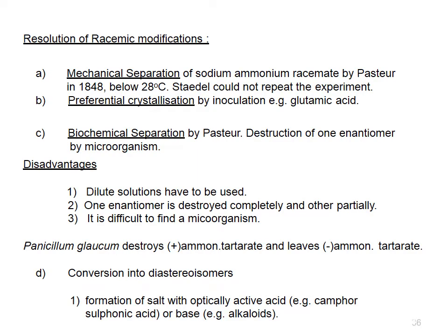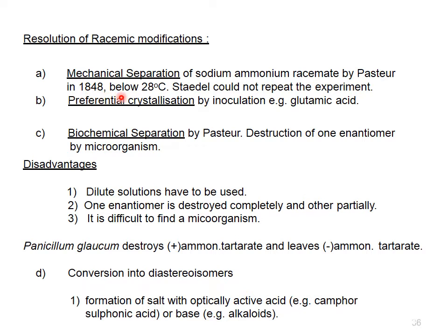Resolution of racemic modification. Here, you can see in these slides, first is mechanical separation of sodium ammonium racemate by Pasteur in 1848. Pasteur was the first scientist who gave a method, called mechanical separation, through which we can separate the enantiomers.